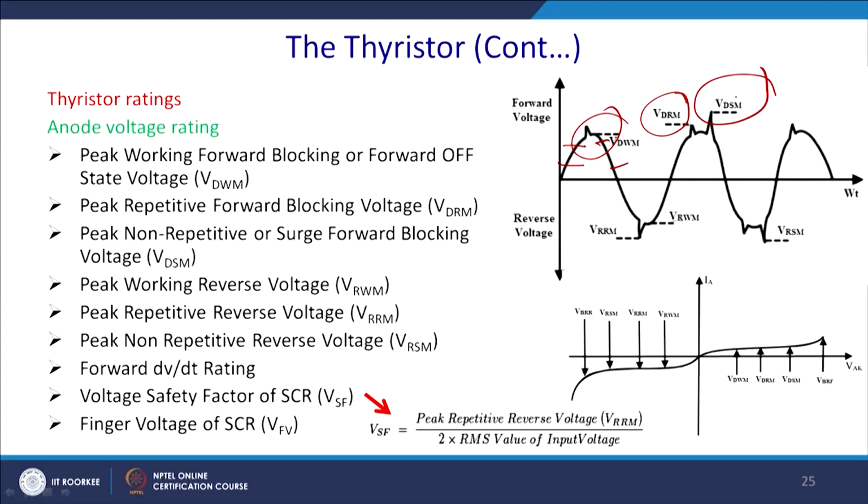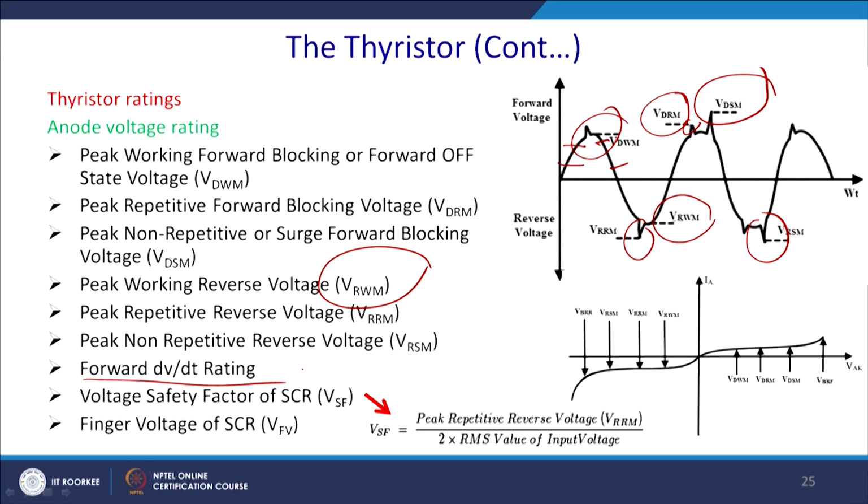Peak working reverse voltage is the same as the forward one; this is VRWM. Then the peak repetitive reverse voltage is the same as this one, but in the reverse direction. Peak non-repetitive surge is this one, and it has to be almost the same as the forward voltage.